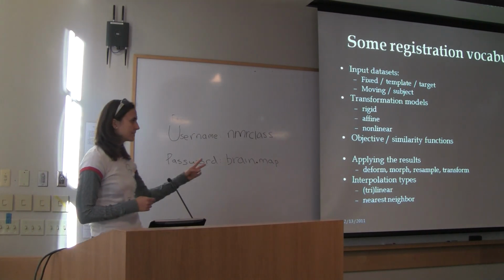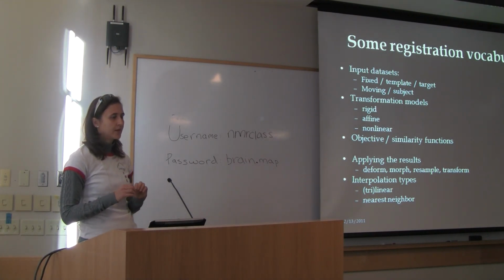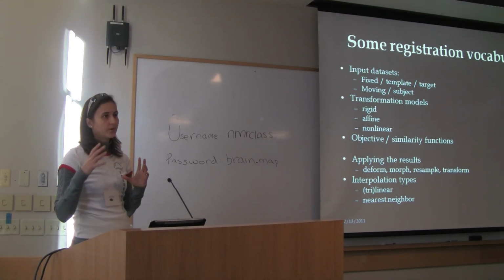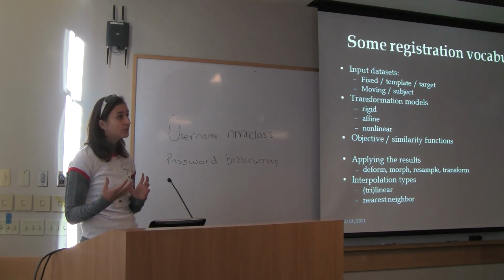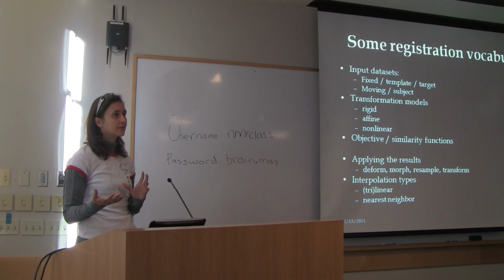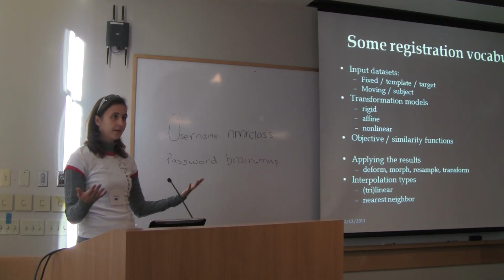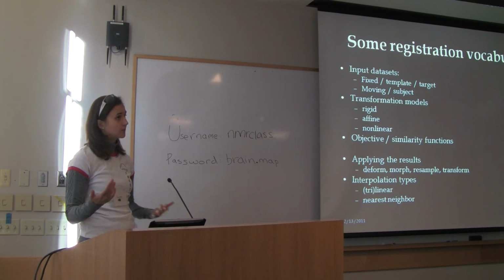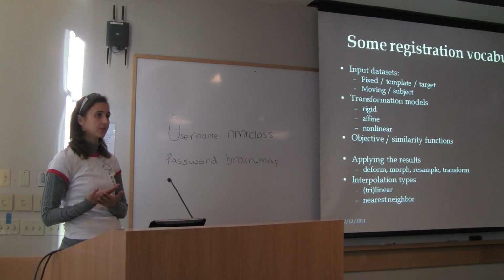Basically, the main difference between these two is when you are using nearest neighbor interpolation and morphing or transforming your data set, you are not going to be introducing new labels into the resulting data set. So if you started out with a volume that has zeros and ones, in your transformed or morphed volume, you are only going to have 0 and 1 labels also.